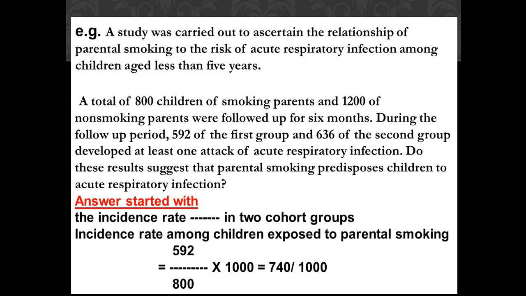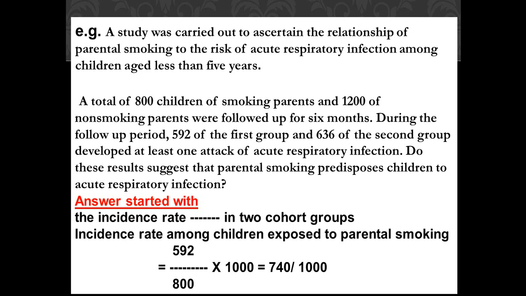A total of 800 children of smoking parents and 1,200 of non-smoking parents were followed up for 6 months. During the follow-up period, 592 of the first group, meaning the smoking parents, and 636 of the second group, non-smoking parents, developed at least one attack of acute respiratory infection. Do these results suggest that parental smoking predisposes children to acute respiratory infection?